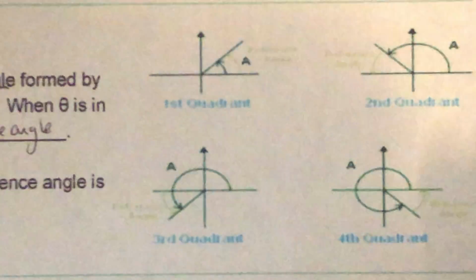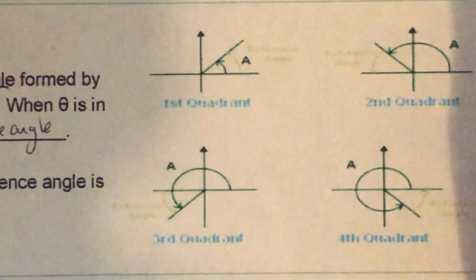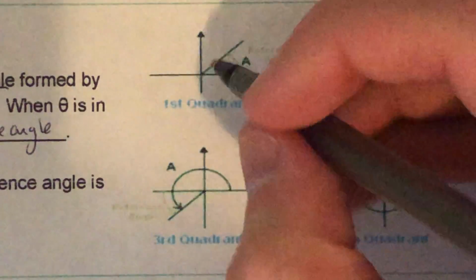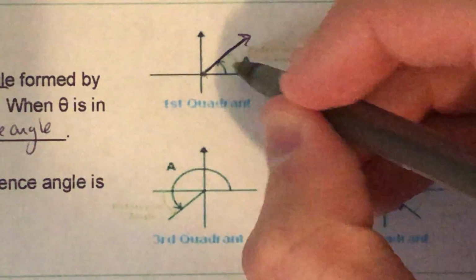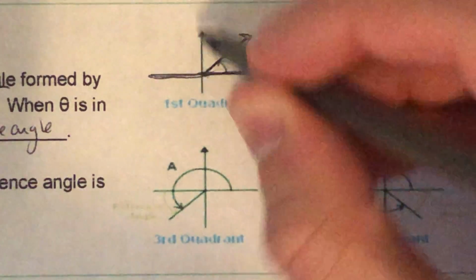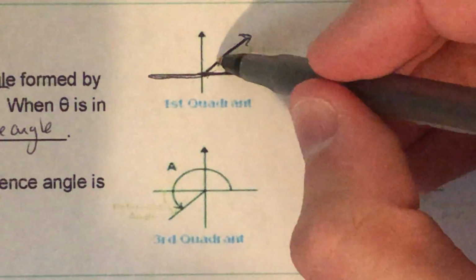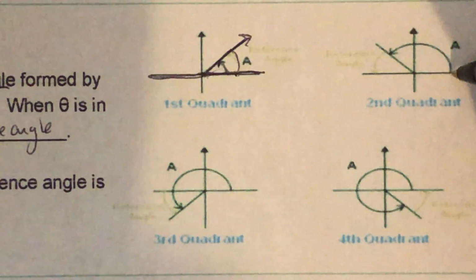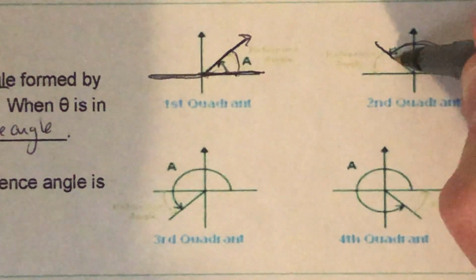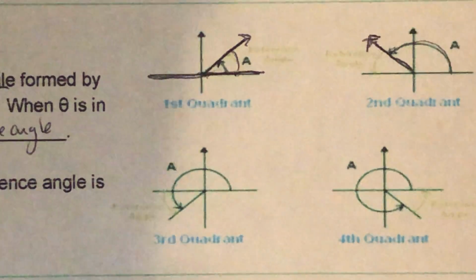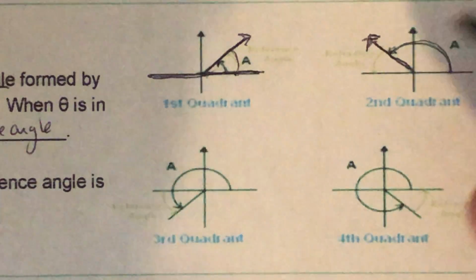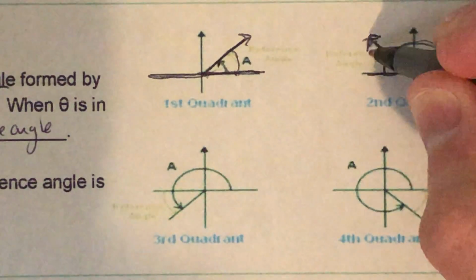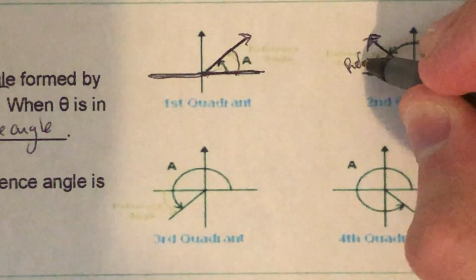The reference angle, again, is that acute angle formed by your terminal side, so your ending side, and the x-axis, never the y. So if our angle here is A, the reference angle would happen to also be A. If our angle here, A, is our terminal side, the acute angle, so less than 90 degrees, or the closest x-axis would be my negative x-axis. So this would be my reference angle.